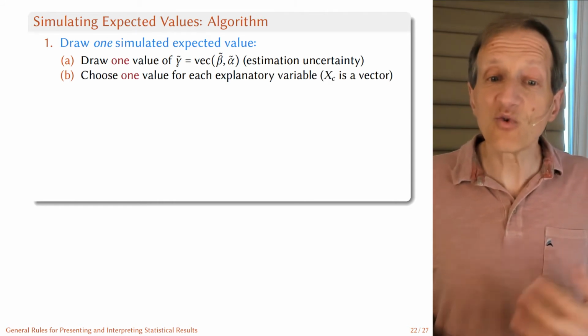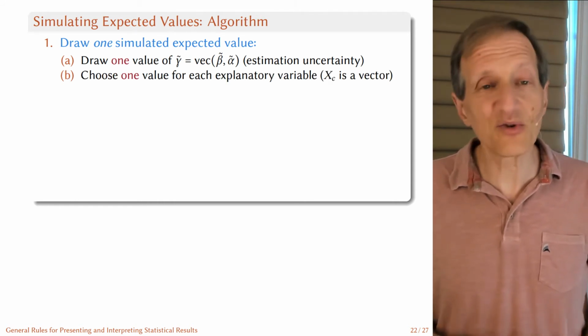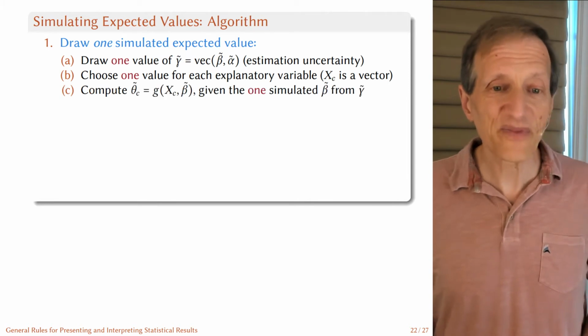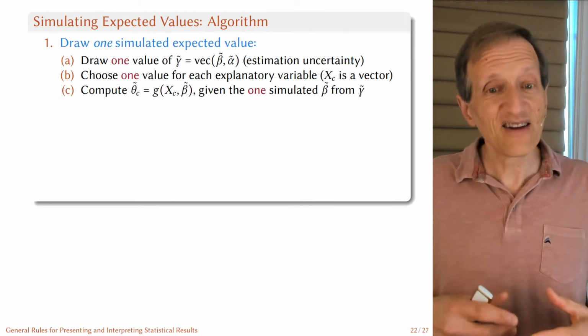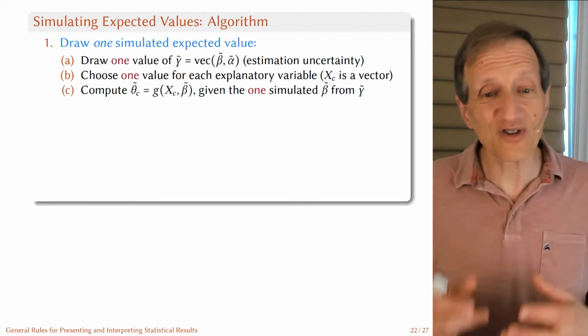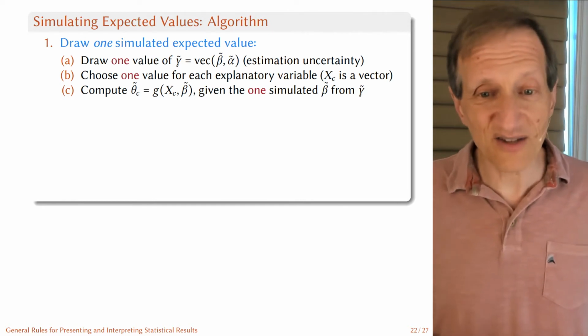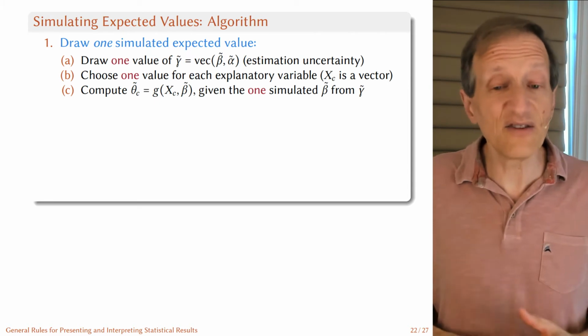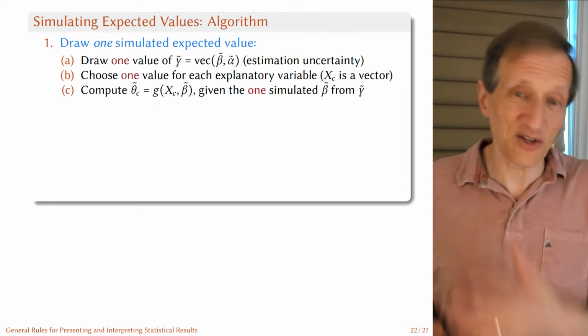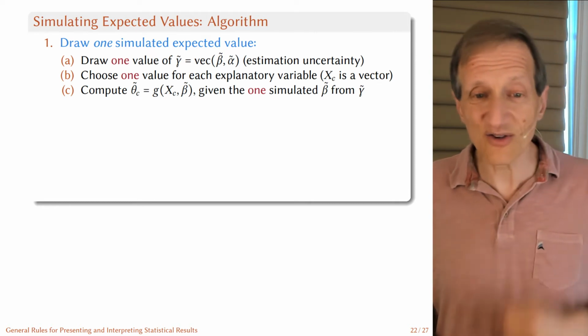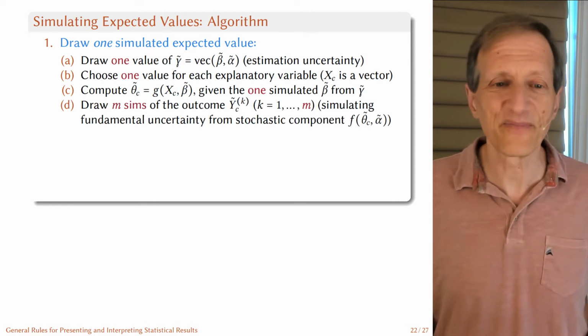We're going to choose one value for each of the explanatory variables. So again, we have x of c, which is a vector. We're going to compute theta c tilde by sticking it into the systematic component, which is g of xc of beta tilde, given one simulated value of beta tilde from gamma tilde. So again, we pull out just the betas to use in that systematic component.